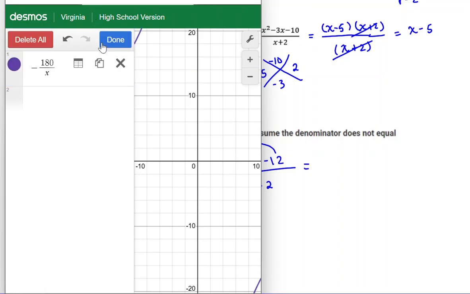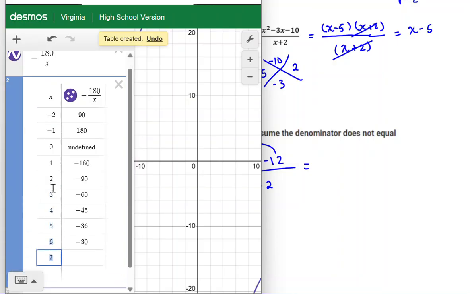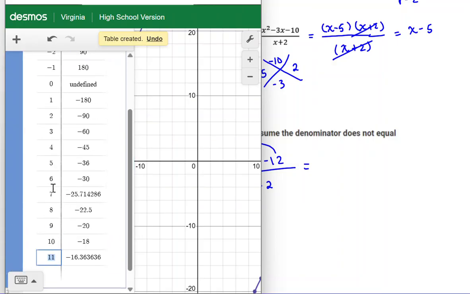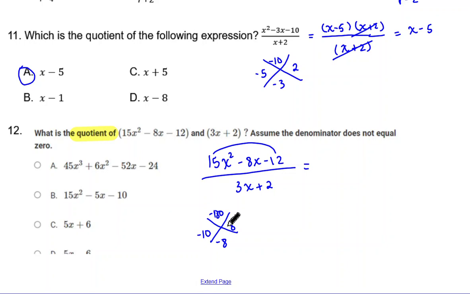Go to the table of values and see if I can find something that gives me a difference of 8. Oh yeah, there it is. 10 times 18. Okay, yeah, that's what I was trying to think of. Because negative 10 times 18 is negative 180. Yeah, negative 10 plus 18 is positive 8.